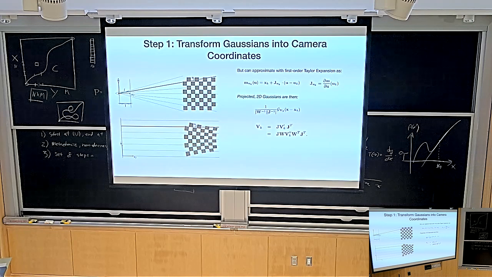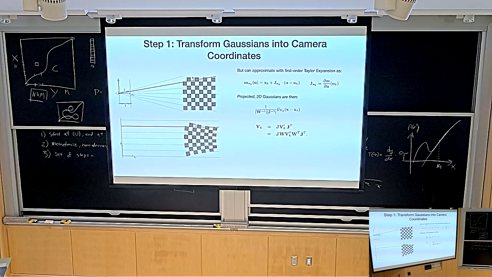Does that make intuitive sense? Previously the Gaussians were there, and now you warp them according to this equation. What will happen is that the covariance of the Gaussian is warped by a factor that is the linear approximation of the projection operator.